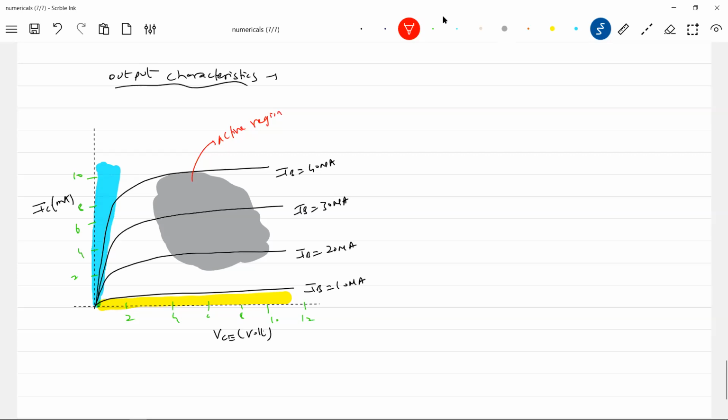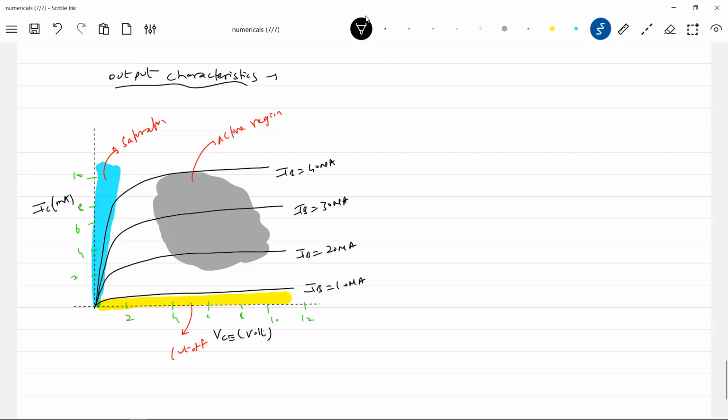This is the active region. This is called cutoff. And this is saturation. If you want to use a transistor as an on and off switch, you should operate in this region. If you want to use a transistor as an amplifier, you should use the active region. That's the major application of this.